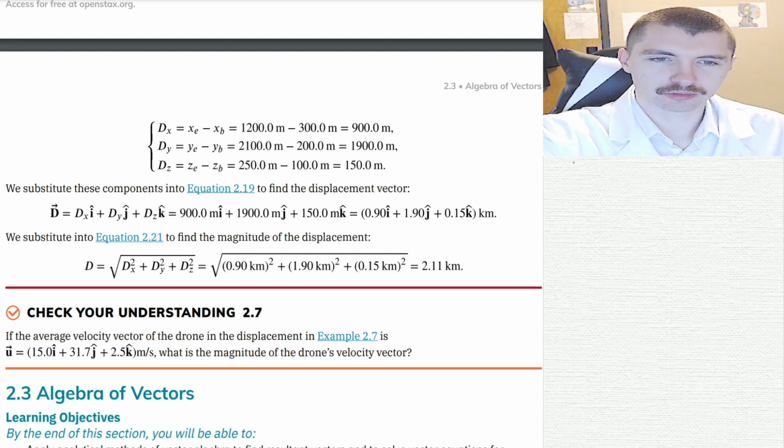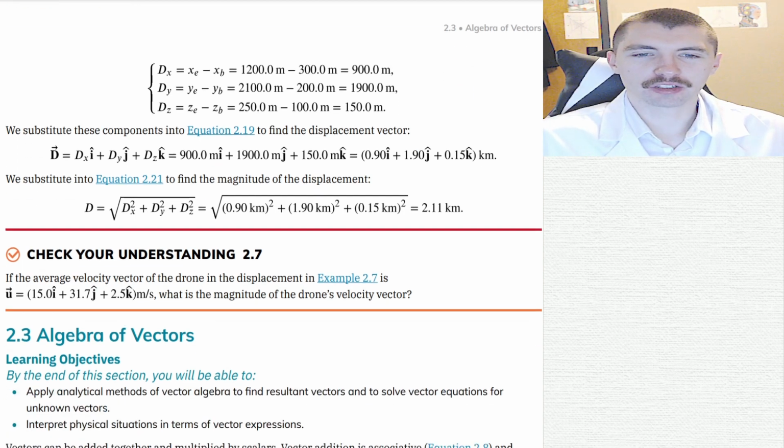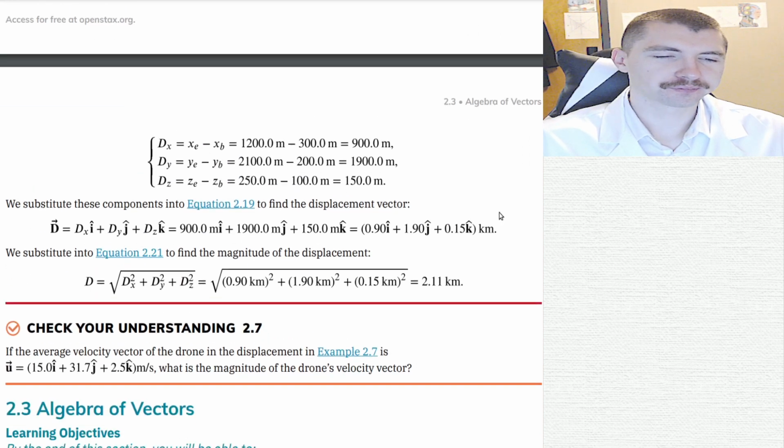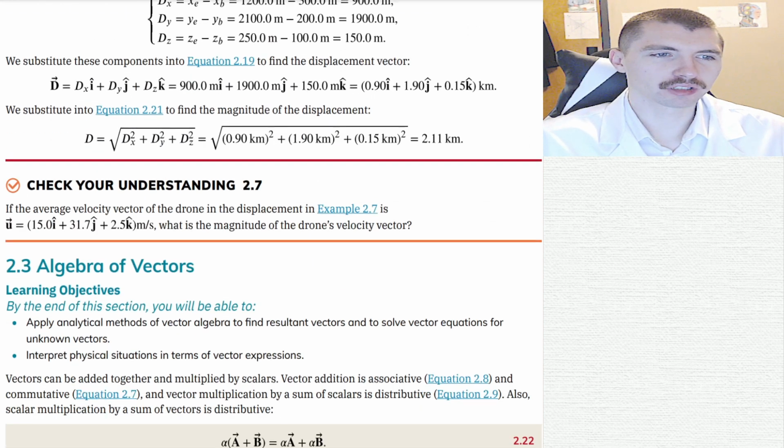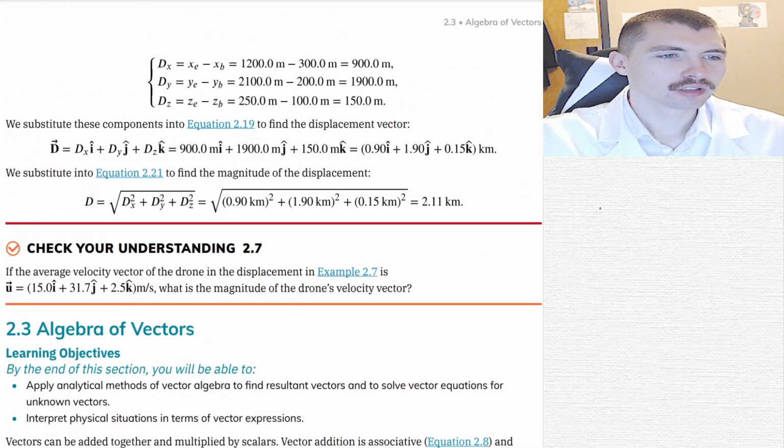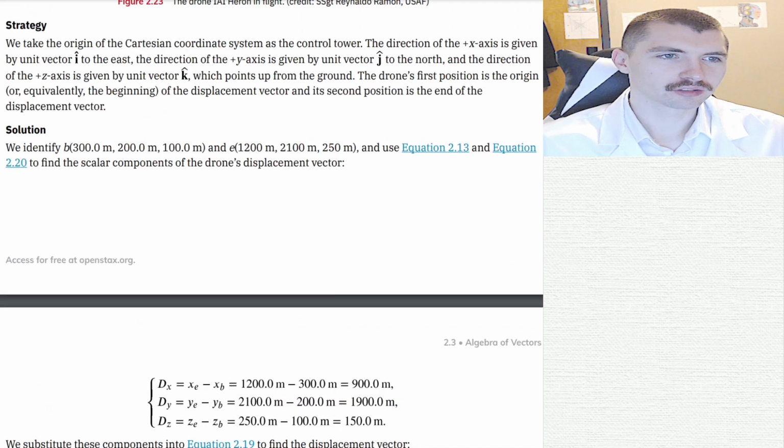All right, so I think we did a good attempt. I'm gonna move on. The average velocity vector of the drone and displacement 2.7.